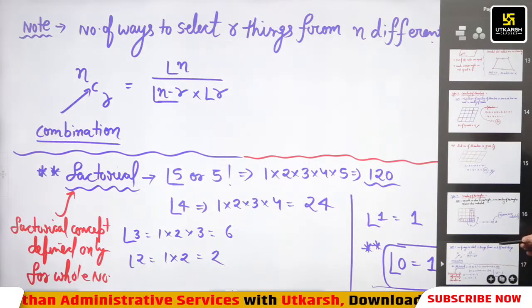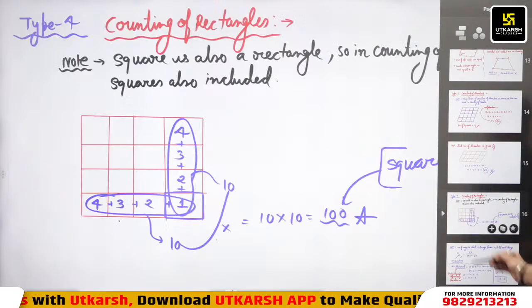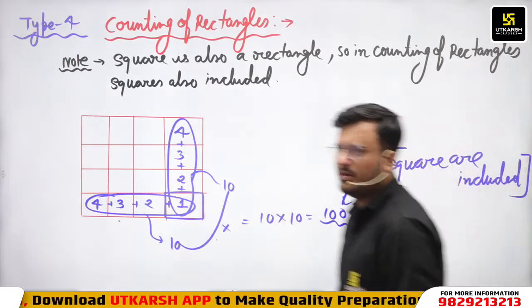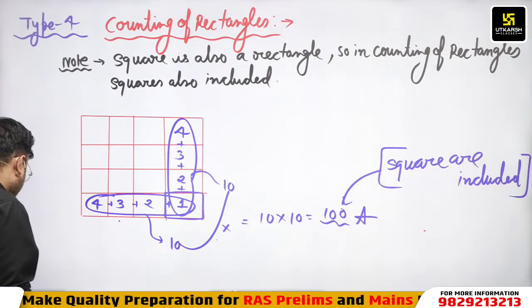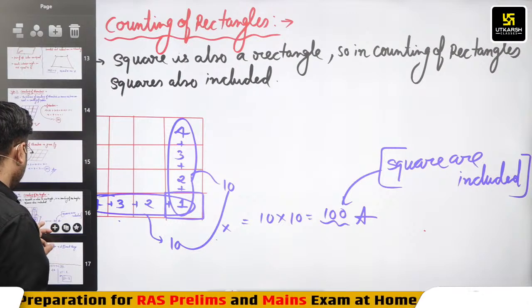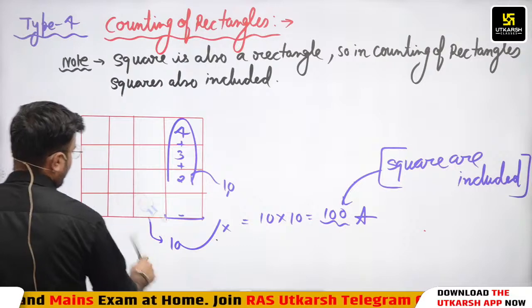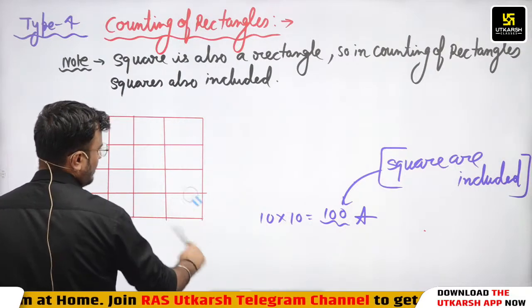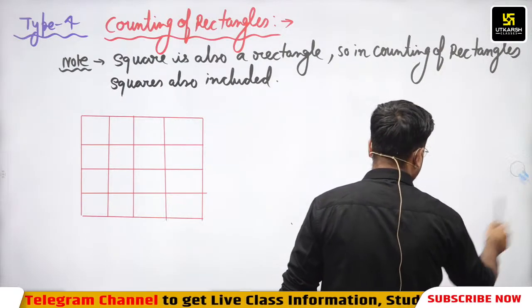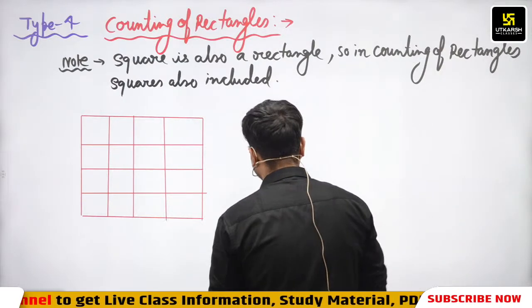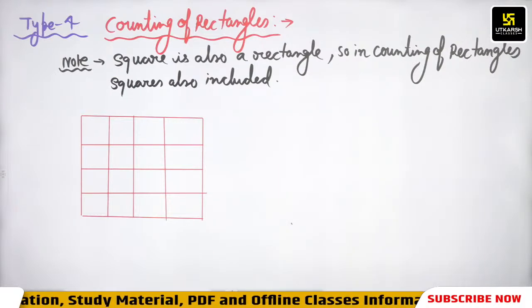Now I am discussing the idea behind this trick. The question comes to our mind: how can we form a rectangle in this figure?